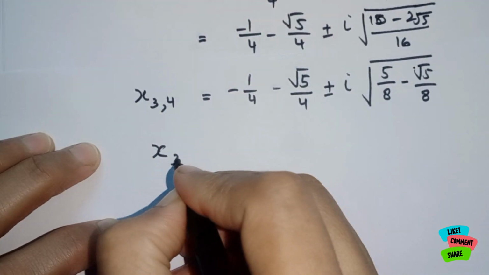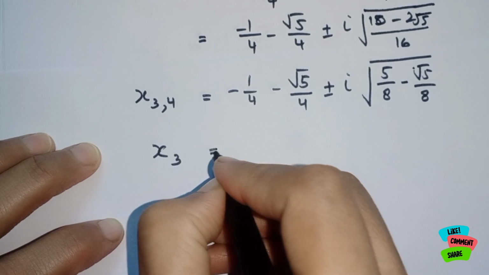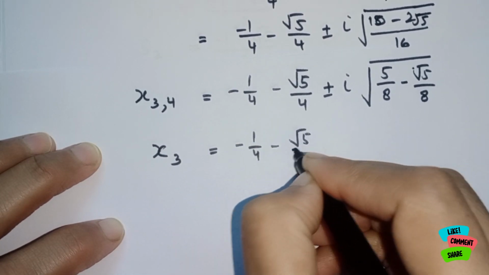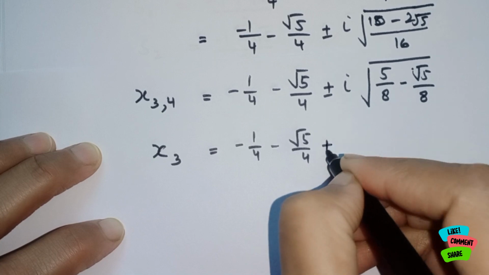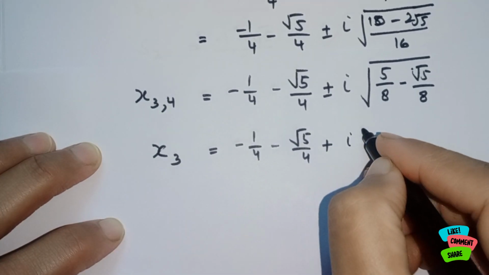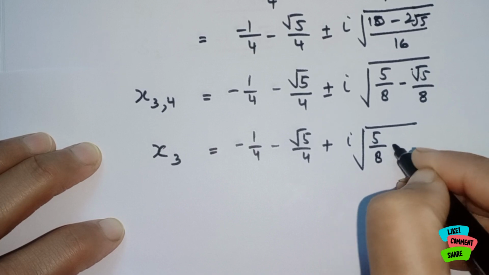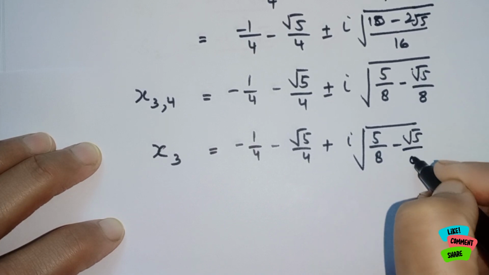So our x3 is equal to 1 over 4 minus square root 5 over 4. We will take plus for x3, i square root here, 5 over 8 minus square root 5 over 8.